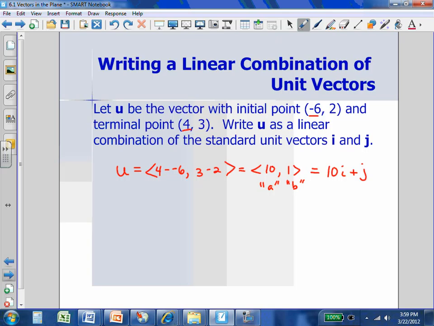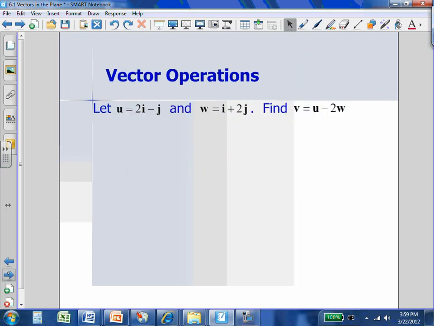Okay, now let's use this in vector operations. So if we have u and w, and we're supposed to find the new vector v by taking u minus 2w. So if v is u minus 2w, I write these out: u is 2i minus j, and then I have to subtract 2 times w, and w is i plus 2j.